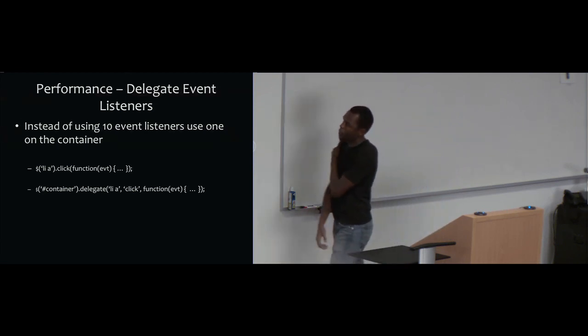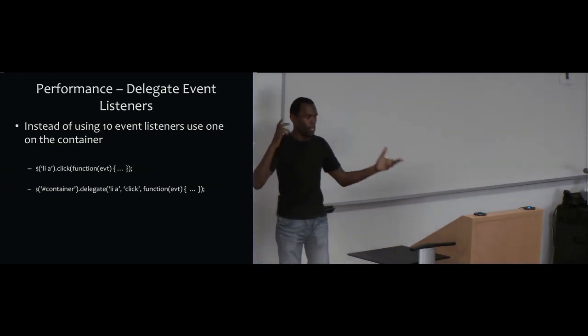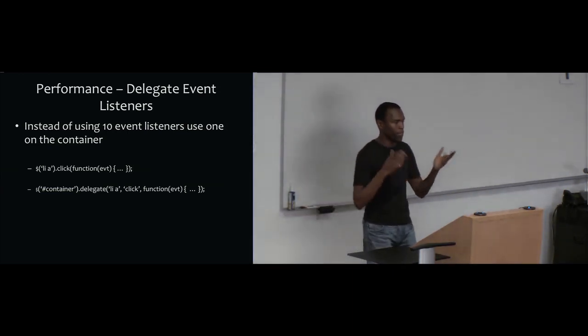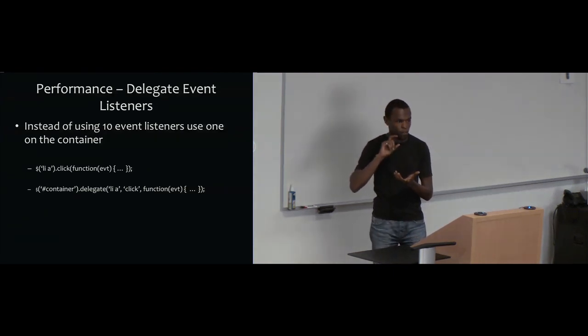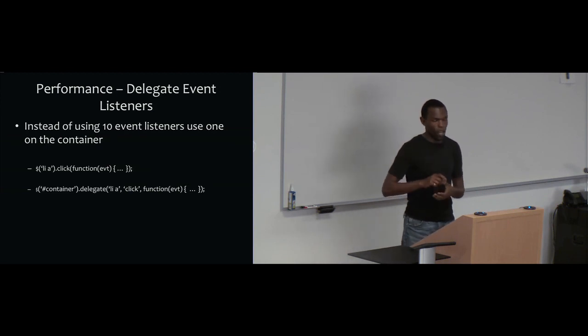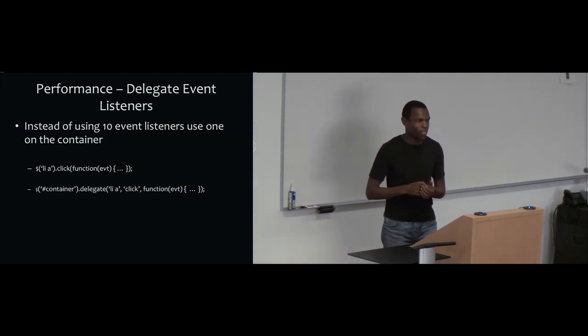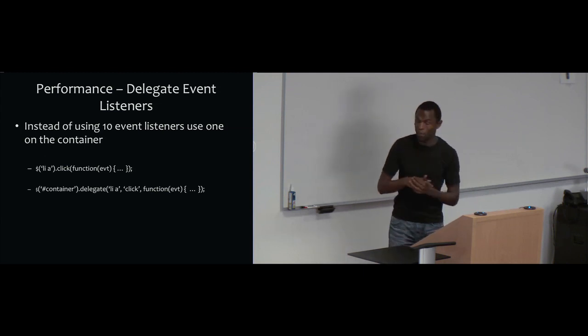So here, say you had a div with 20 LIs that all had anchors in them. The first one would attach an individual listener to each one. And with 20, it's not so bad, but imagine 200. And then it starts becoming an issue.